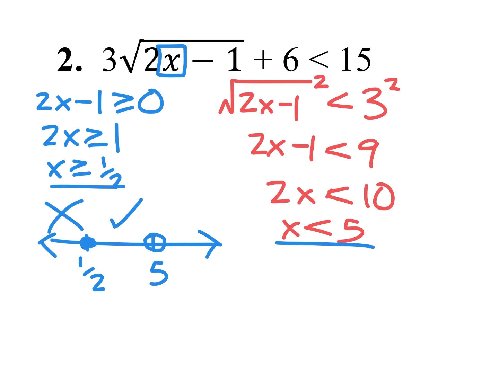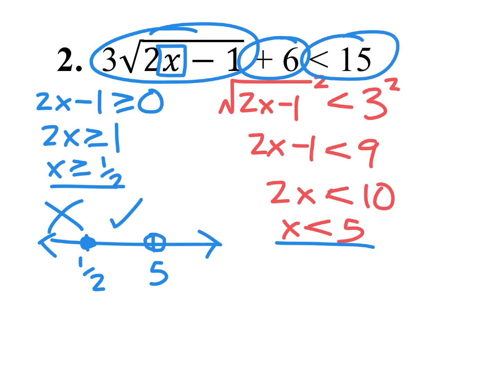So if you plug in a really big number, you get a big number plus 6. Is a big number plus 6 less than 15? It is not. So this area does not work. All right, so our answer is 1/2 is less than or equal to x, which is less than 5.